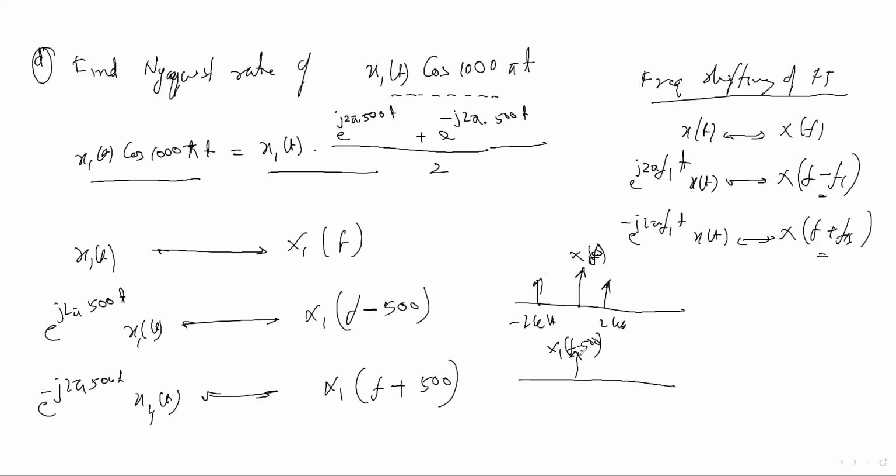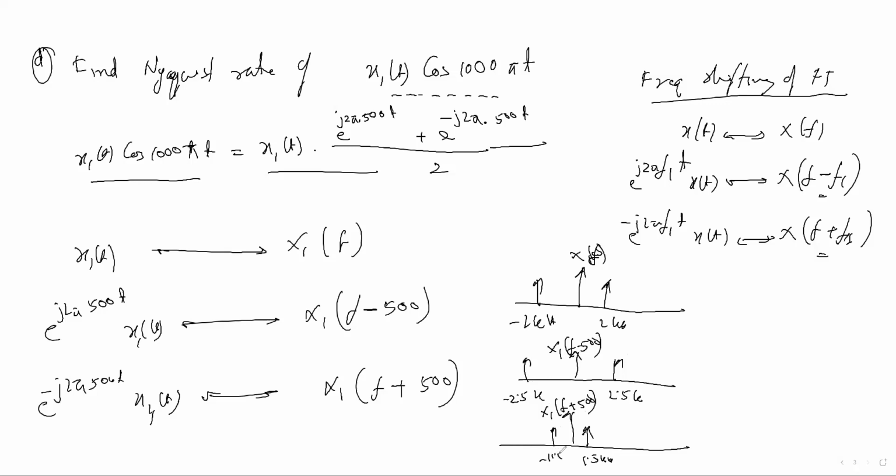It is a left shift or right shift? Here x of f minus 500 means it is a right shift, by how much? 2.5 kilohertz, and here minus 2.5 kilohertz. Similarly, you will get x1 of f plus 500, which is a left shift. Left shift means earlier it is 2, now it will come as 1.5 kilohertz, and minus 1.5 kilohertz.